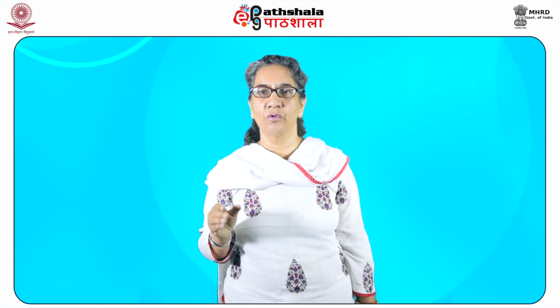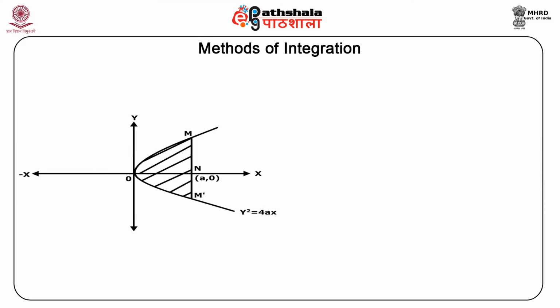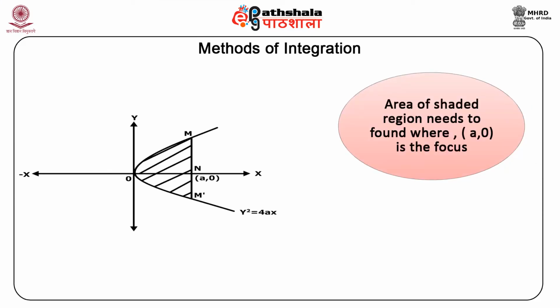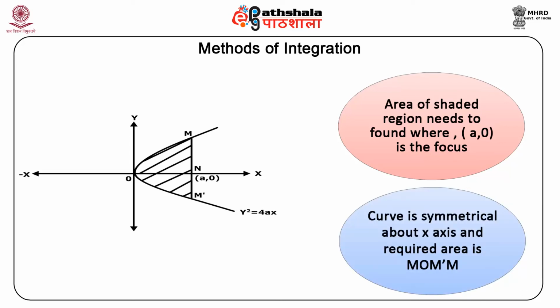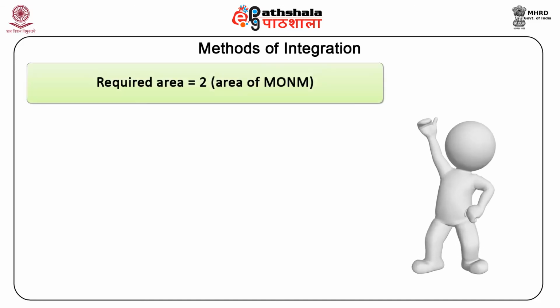Example: find the area bounded by the parabola y squared equal to 4ax and its latus rectum. The area of the shaded region needs to be found, where A0 is the focus. The curve is symmetrical about the x-axis and the required area is M-O-M'-M. So the required area is equal to 2 times the area of M-O-N-M.